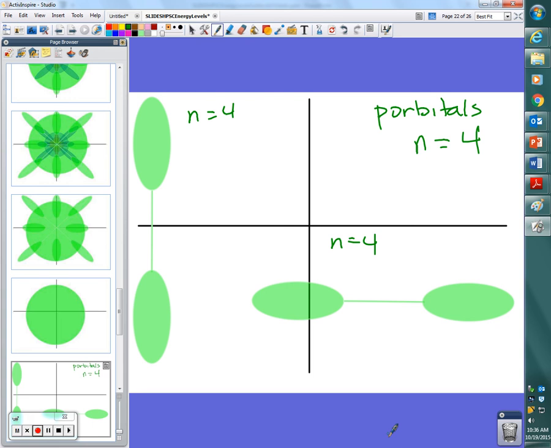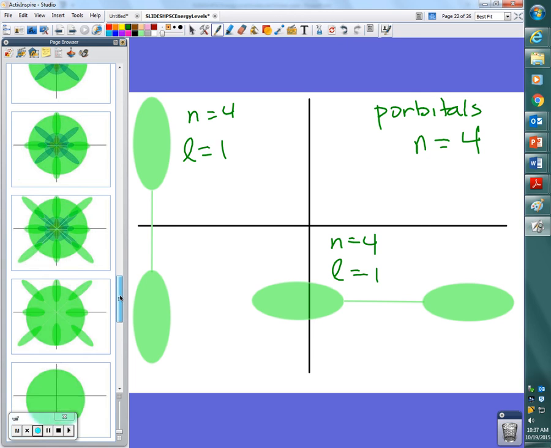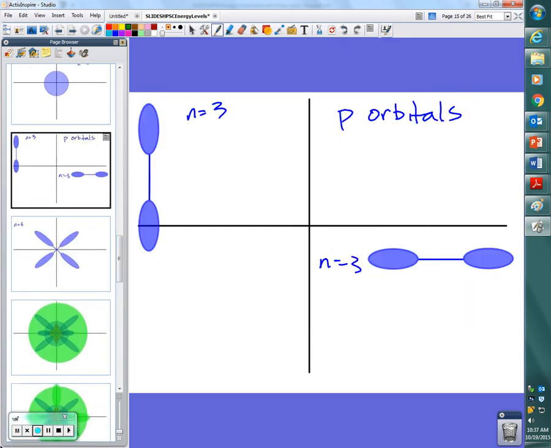But because they're p orbitals, right? If you look on your sheet, how do we distinguish p orbitals, or how do we show p orbitals? L values are equal to 1. Okay? If we go up here, these are p orbitals.